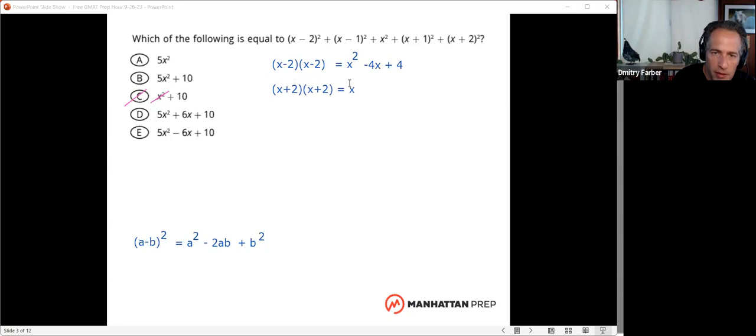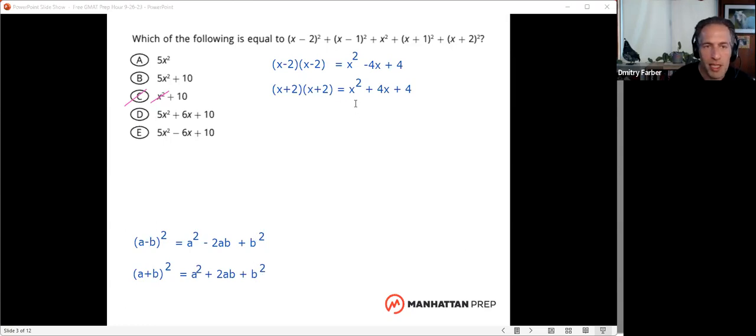That's another pattern. But the middle term becomes positive. So that's the other pattern that you want to know: if I have a plus b squared, that's a squared plus 2ab plus b squared. Again, if you haven't memorized that, memorize it.